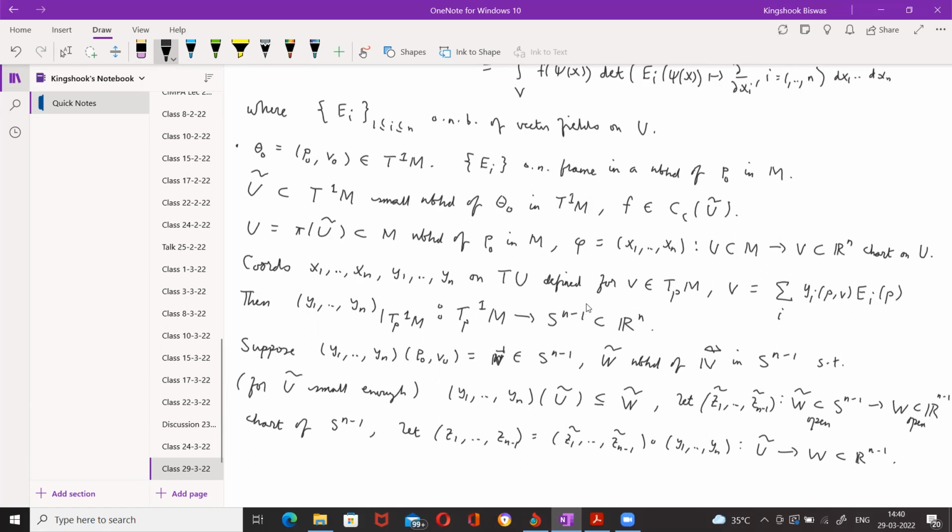Okay. So then I get charts. Let me call it capital Phi equal to (x1, ..., xn, z1, ..., z(n-1)).